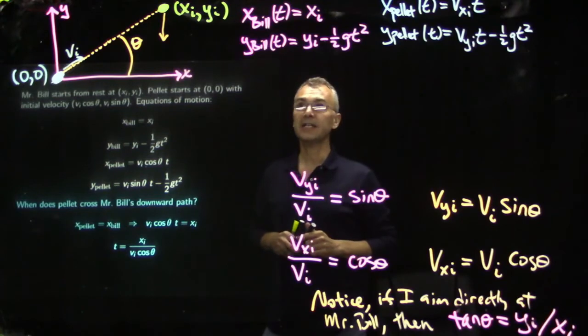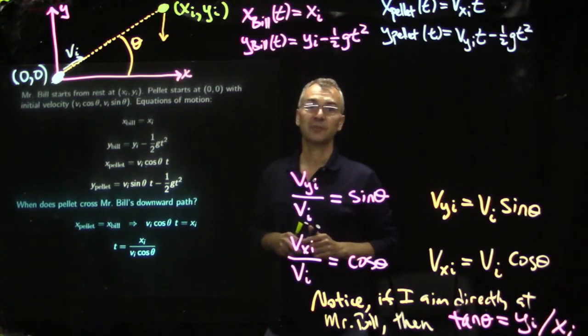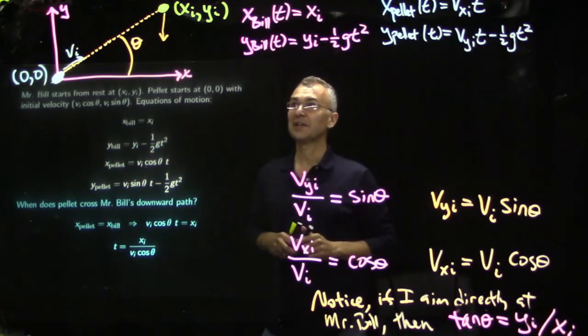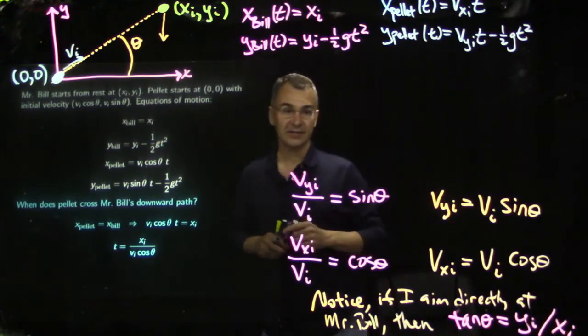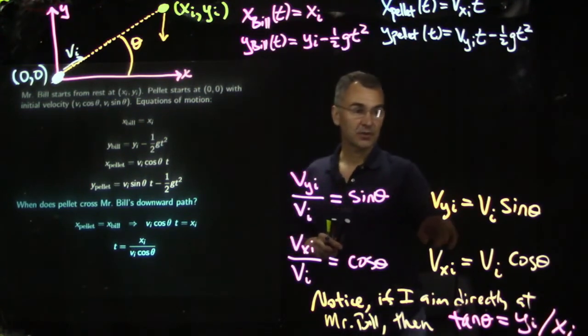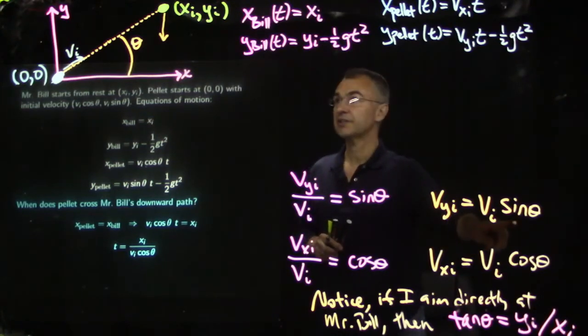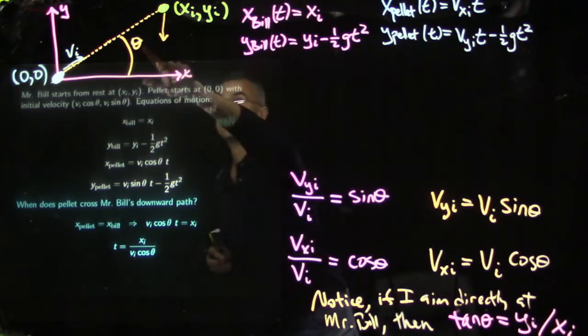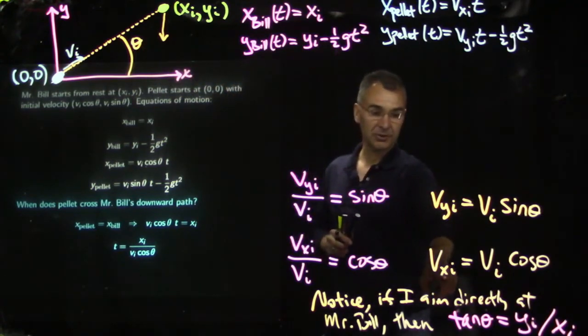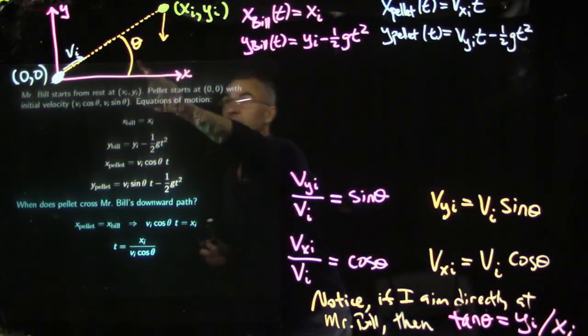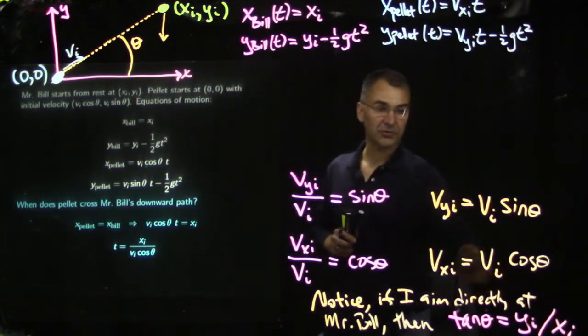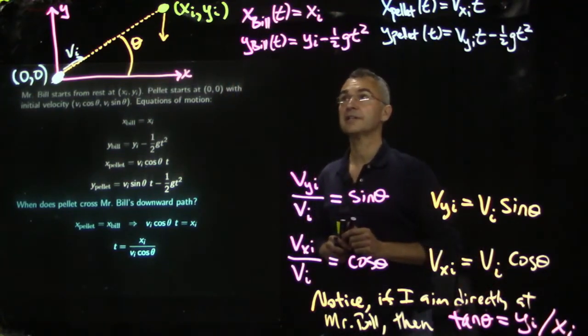If I aim directly at Mr. Bill, then we will find that the y component of the pellet's initial velocity is V initial sine theta. Here's the angle theta. The x component of the pellet's initial velocity is V initial cosine theta.